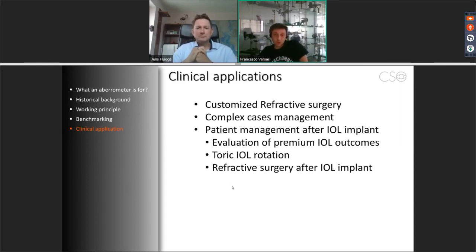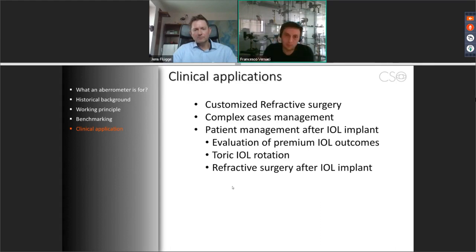But when the issue is actually due to the internal part of the eye, there's nothing I can do with the topographer, or at least the only thing I can do is to use the information to remove the corneal influence from the total aberration of the eye.